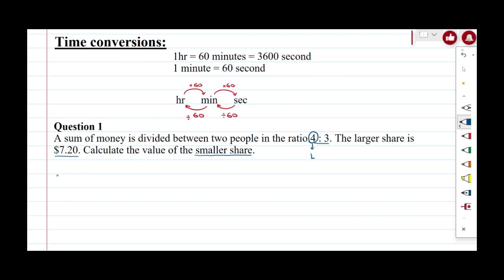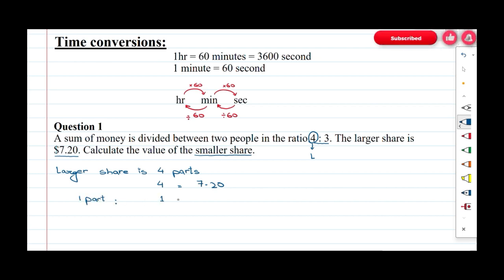So the larger share is 4 parts of the ratio, right? If 4 parts equal $7.20, what does 1 part equal?